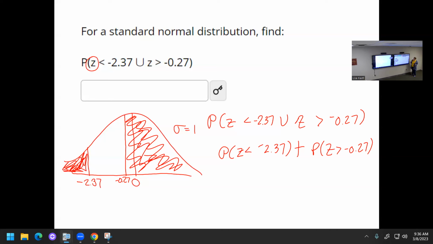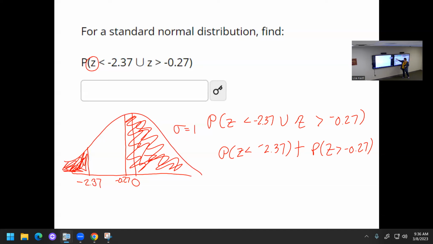Now I'm going to add to that the probability that Z is greater than negative 0.27. So now I'm going to start at negative 0.27 and go to the right. So I'm going to go back to my distributions. I'm going to go to my normal distribution number 2. And now my lower limit is negative 0.27. And my upper limit, I'm going to put a really big number in there.